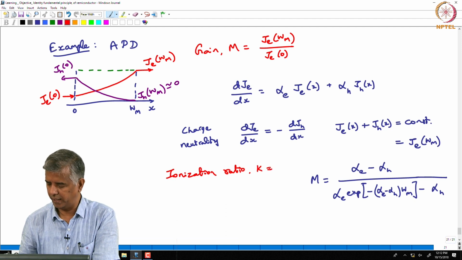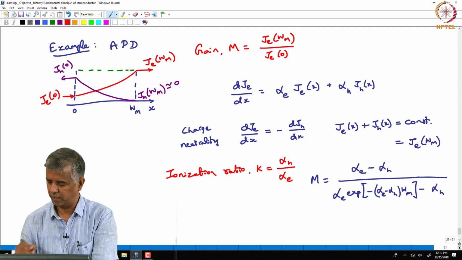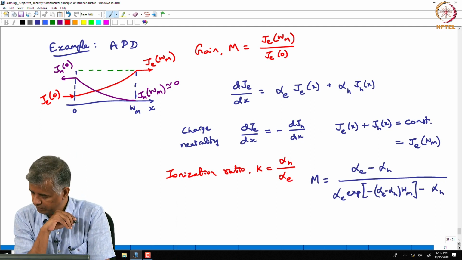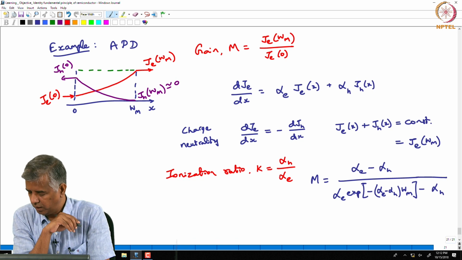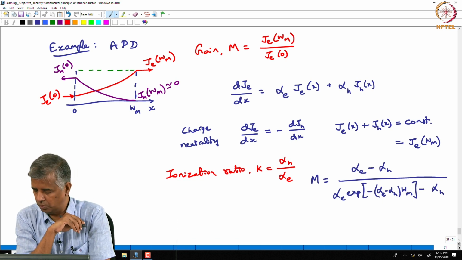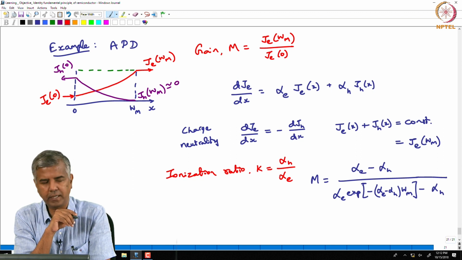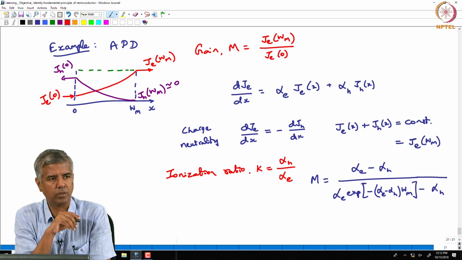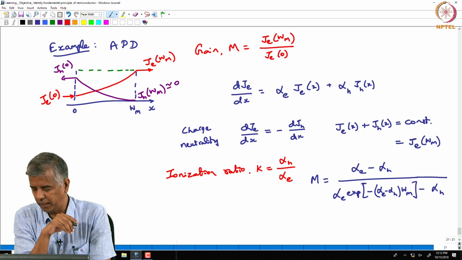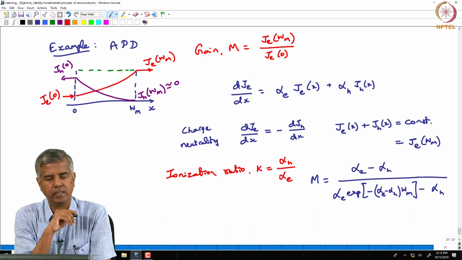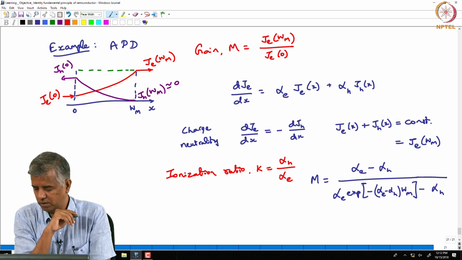Let us call that k, such that it is given by alpha h over alpha e. What does that mean? It is the ratio of the impact ionization coefficient for holes divided by the impact ionization coefficient for electrons.